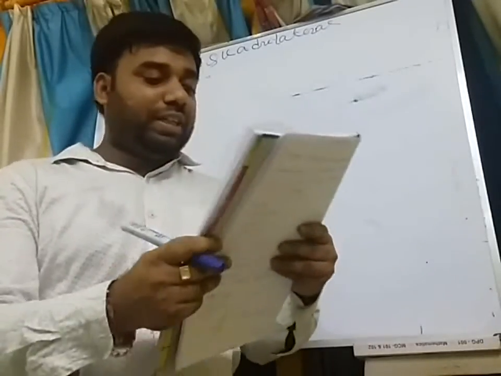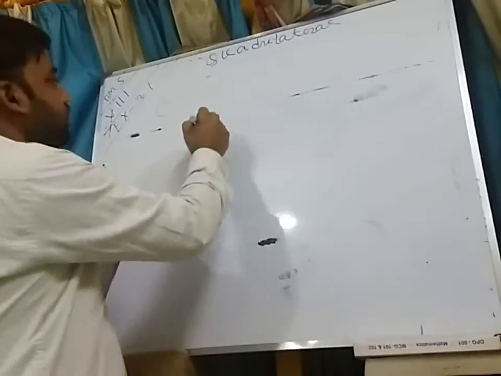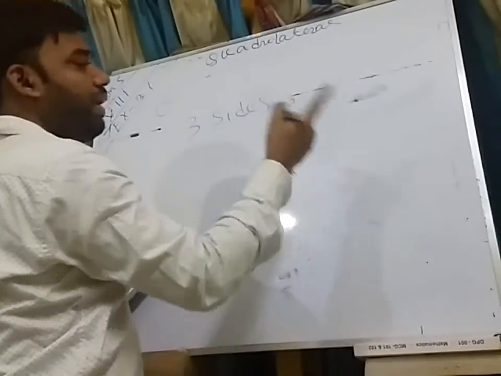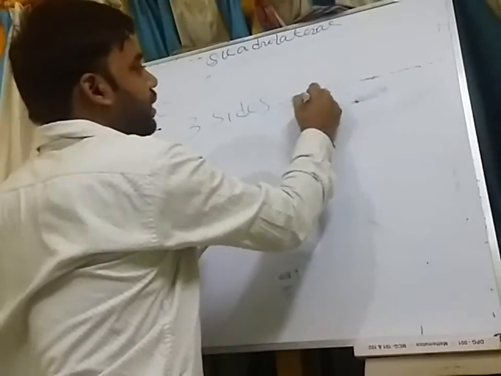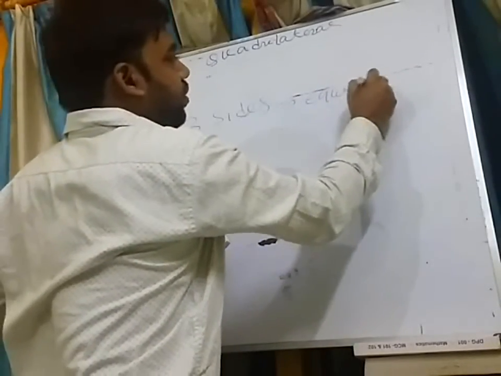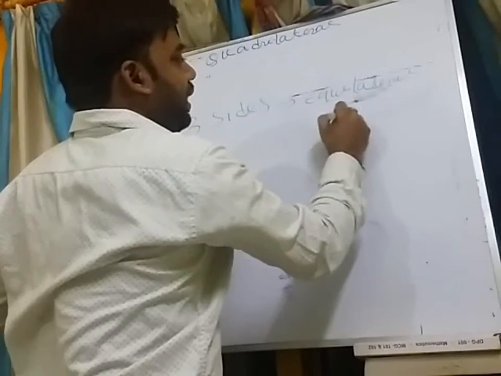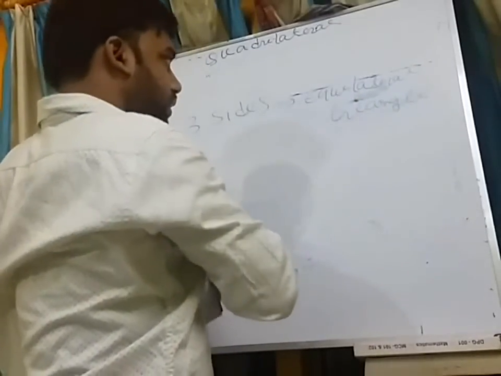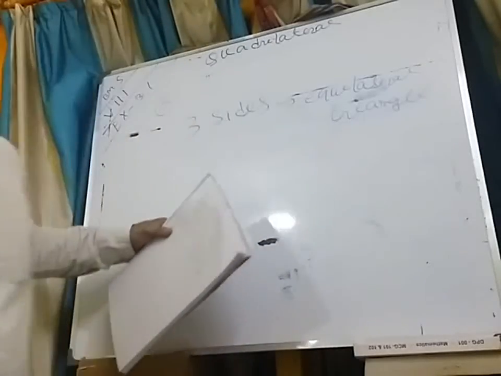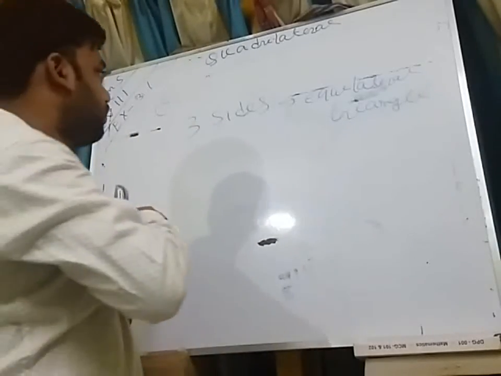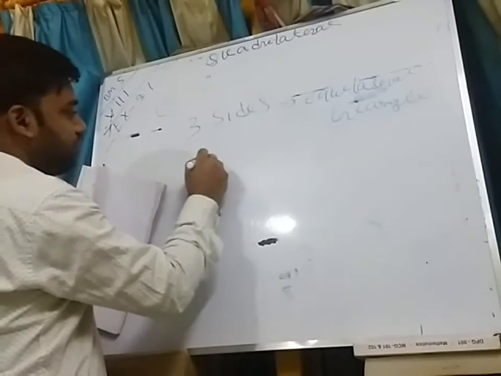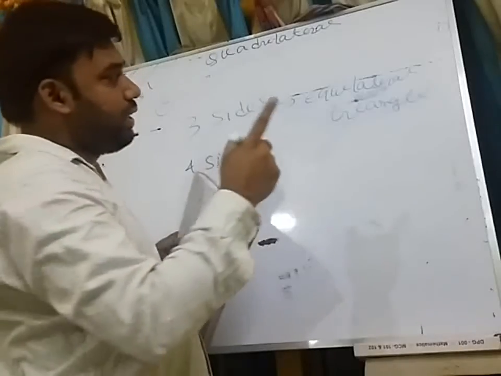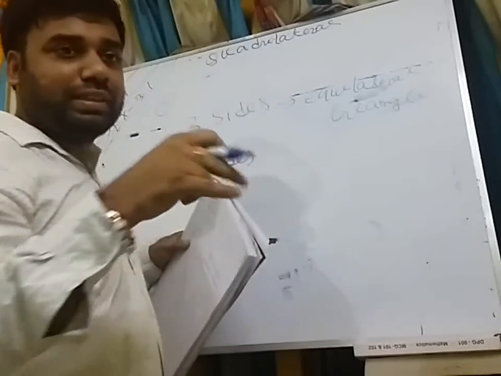So first of all, a regular polygon with 3 sides is an equilateral triangle. We know that all the angles in an equilateral triangle are 60 degrees and all sides are equal.